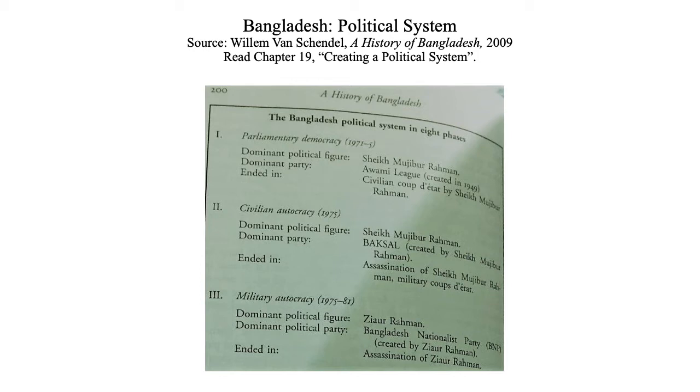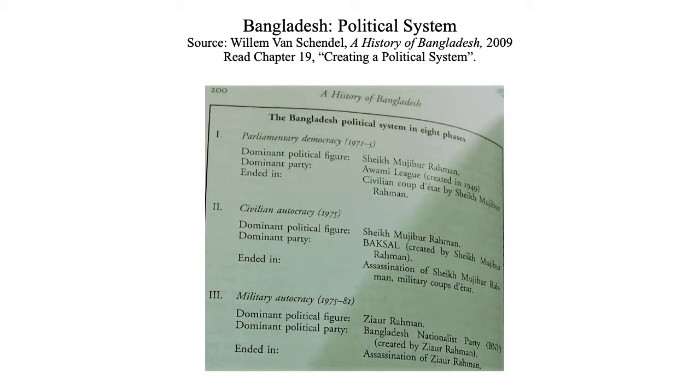The third phase, as discussed in this image, was the military autocracy that was from 1975 to 1981. The dominant political figure was Ziaur Rahman.